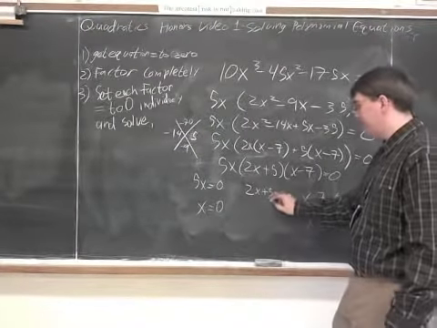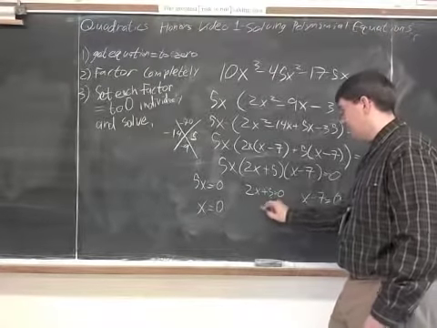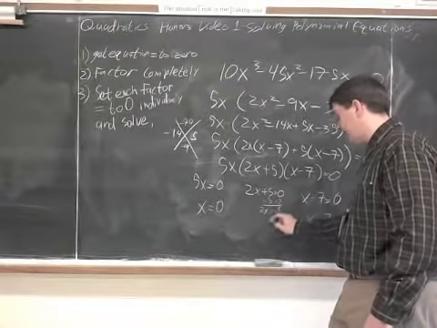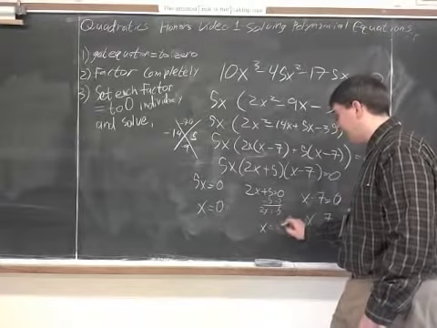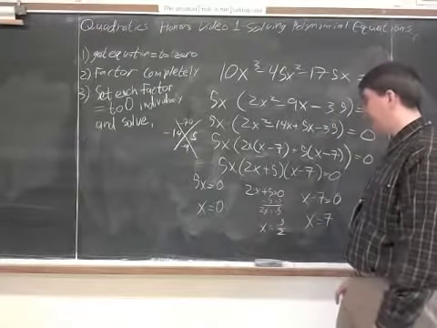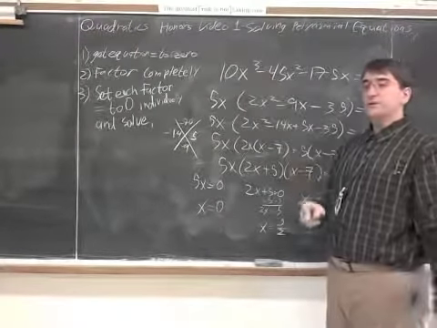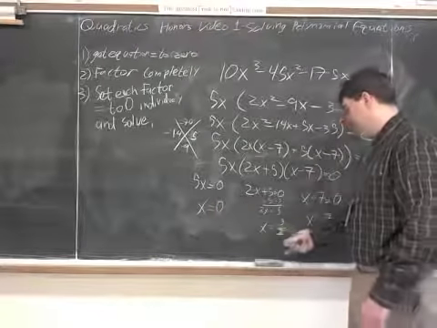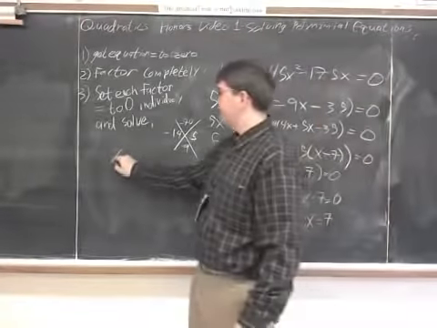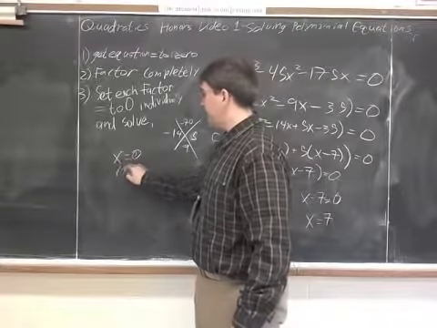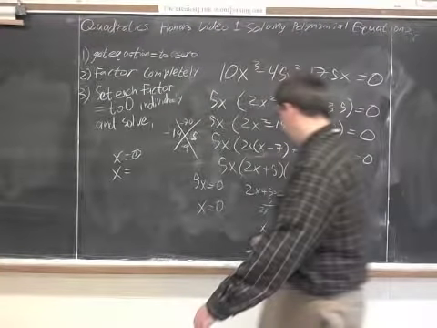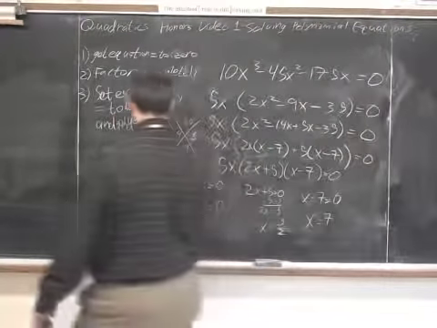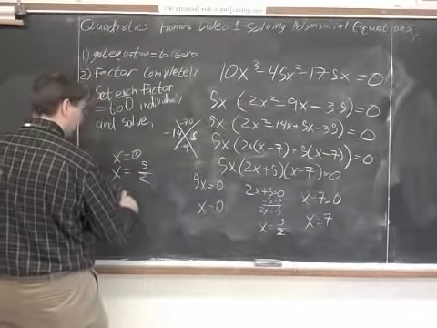And solving the one in the middle, minus 5, we get 2x equals negative 5, and so x equals negative 5 halves. I had a polynomial of degree 3, and I end up with 3 solutions: x equals 0, x equals negative 5 halves, or x equals 7.